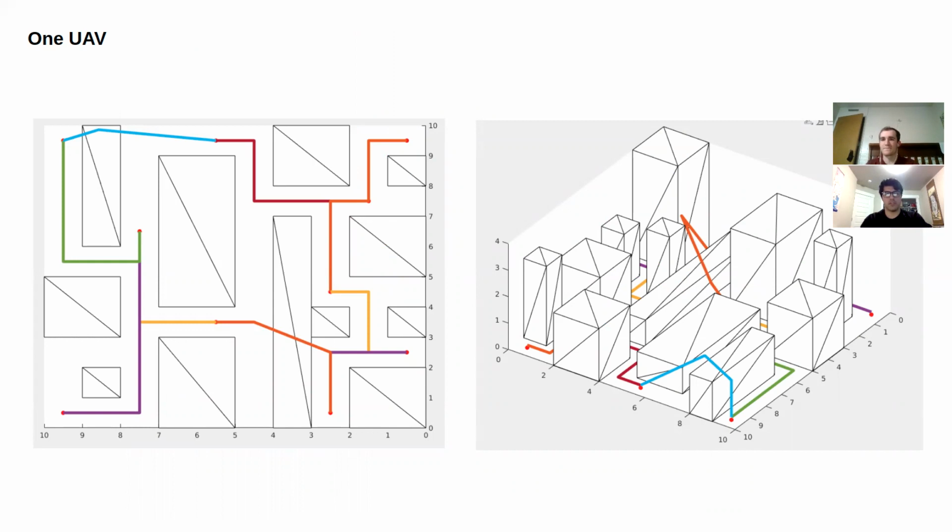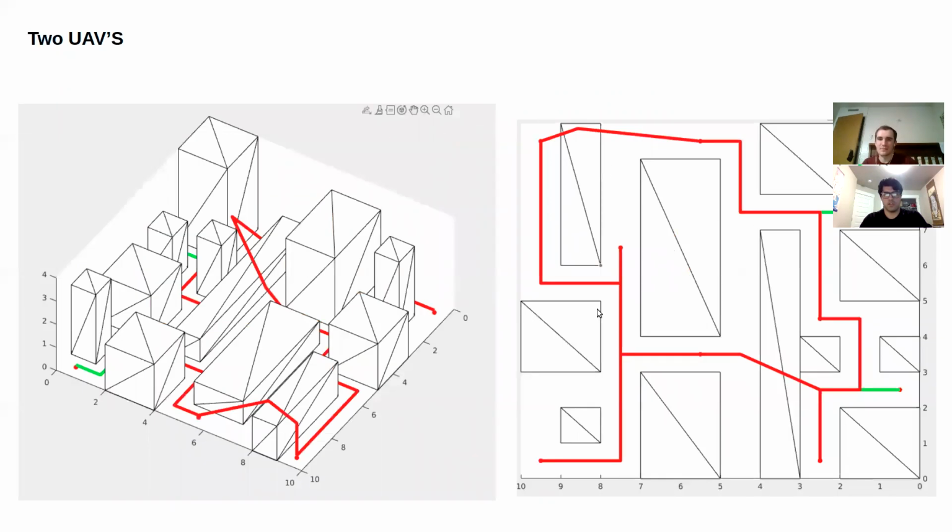This graph here shows the optimization with just using one UAV, and then this next image shows two optimized routes.